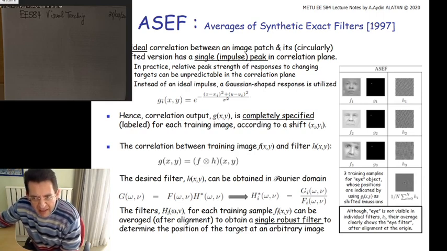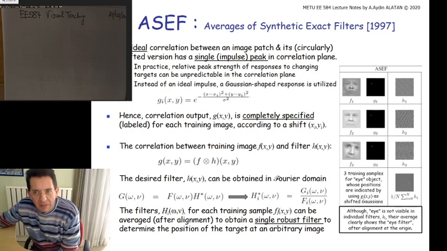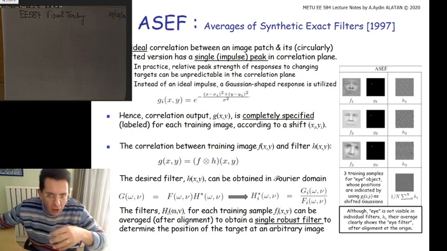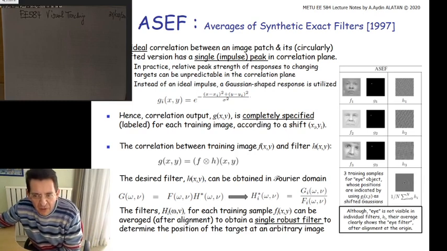Now I obtain a single filter from multiple data which is creating not an impulse, but a Gaussian shaped impulse. That Gaussian shape is helping us to obtain some robustness between different views.